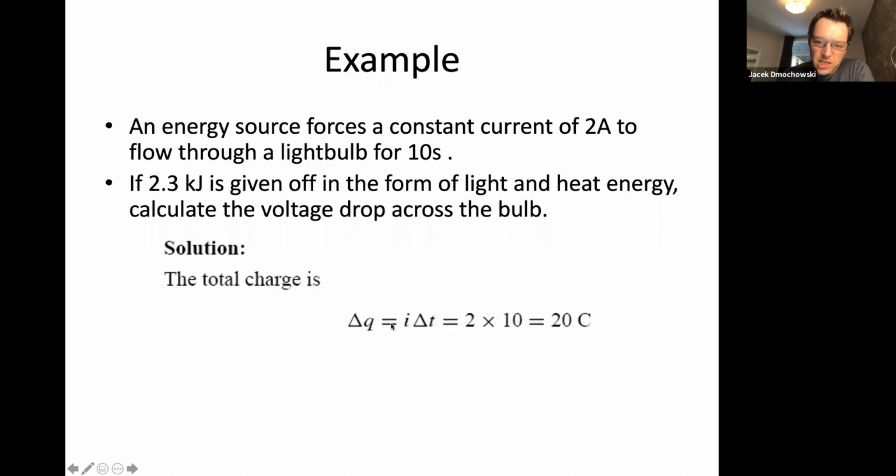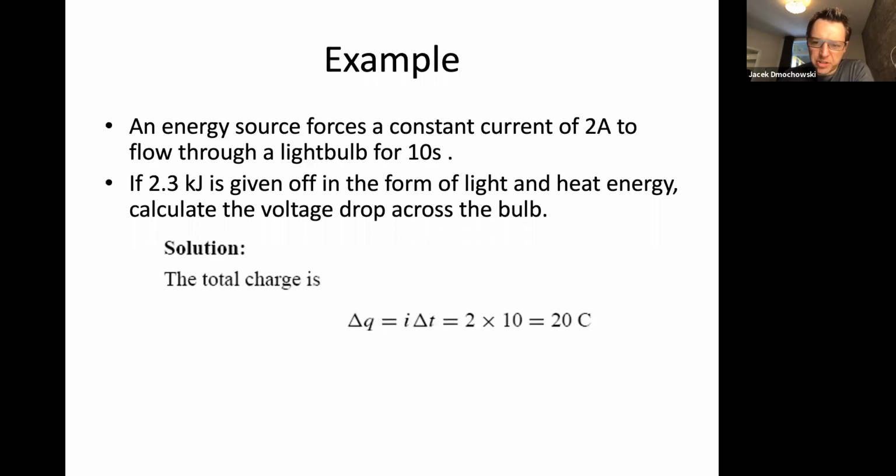The total charge is given by current times how much time has passed, right? So if you've had a current of 2 amps flowing across a time span of 10 seconds, we know that 20 coulombs of charge have traversed that light bulb.